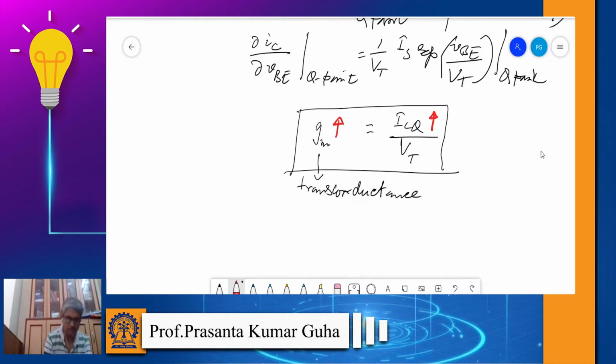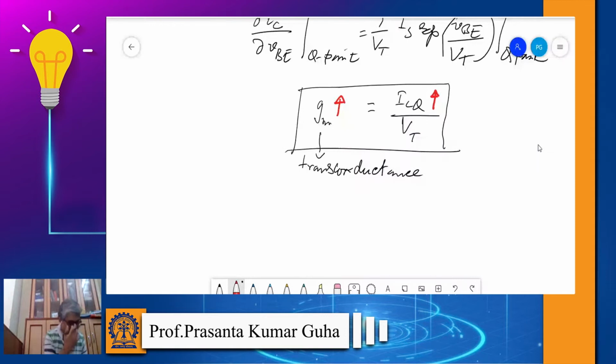Now the third parameter we would like to find out is basically, we know that, del IC by del IB at Q point, that is basically beta.